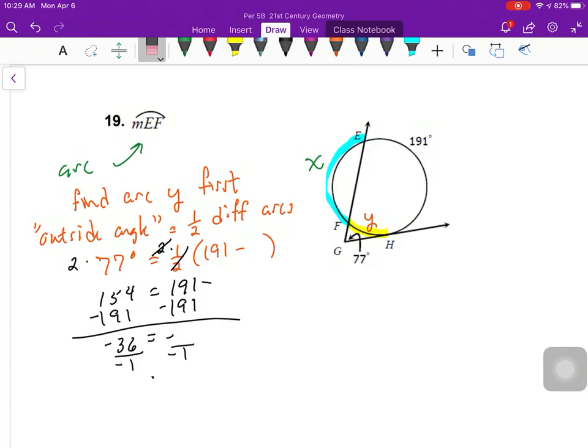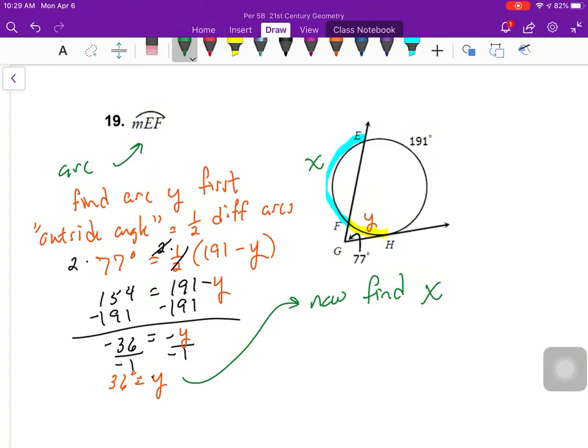Oh, take that back. That's actually the y that we're solving for. So those are y's in there. So the y would be 36.